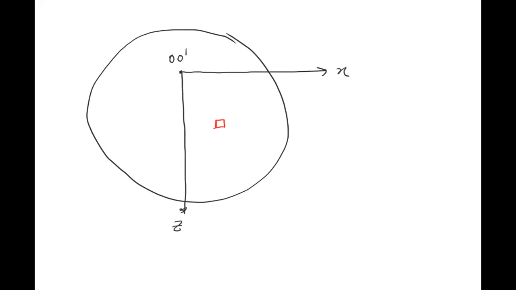So the x coordinate of this point is x and the z coordinate is z, and therefore the perpendicular distance of this point from this axis, which is coming out of the plane, is equal to under root of x square plus z square, right? This is how we got under root of x square plus z square.